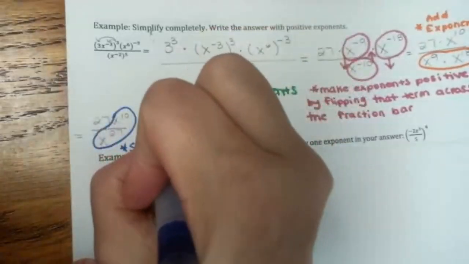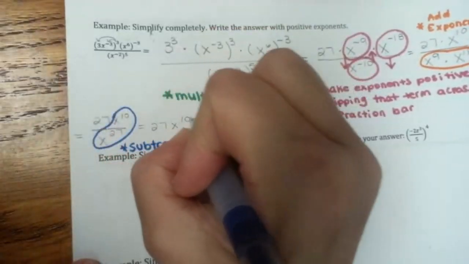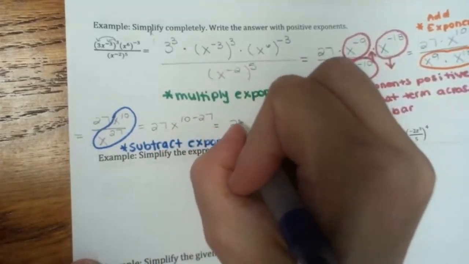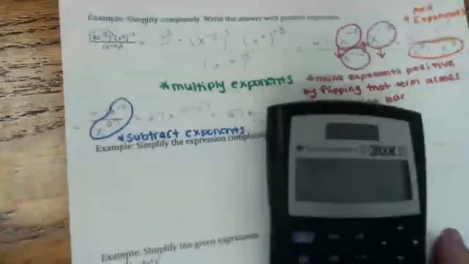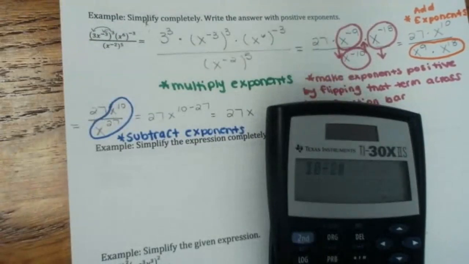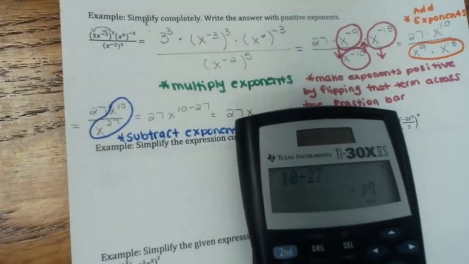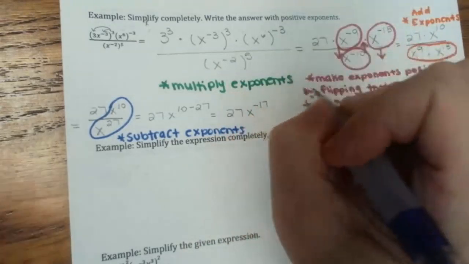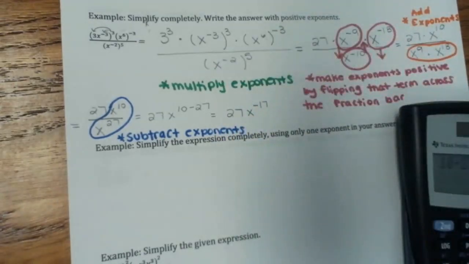That means we have 27x, and then we have 10 up top minus 27. So that would give us 27x to the 10 minus 27, which would give us negative 17. So 27x to the negative 17th power.